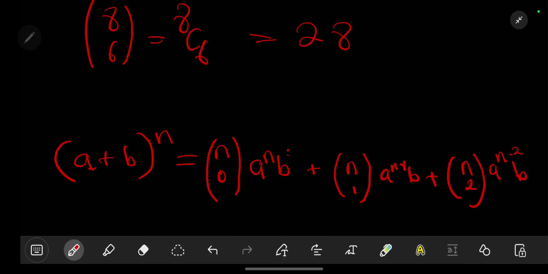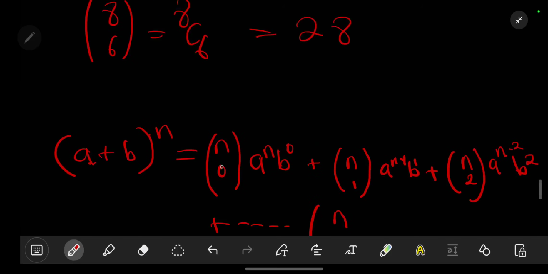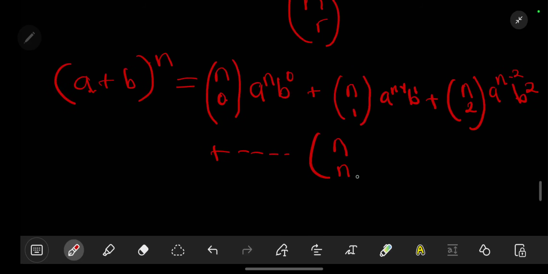For b, it will be power 0, power 1, power 2 like that. And we can continue plus until we reach where n becomes equal to r. So remember, this n combination 0 is the same as n combination r. Now your first r will be 0 until you reach n combination n.